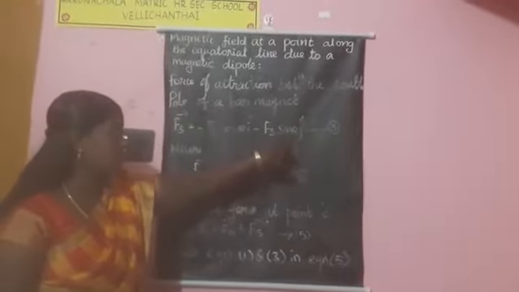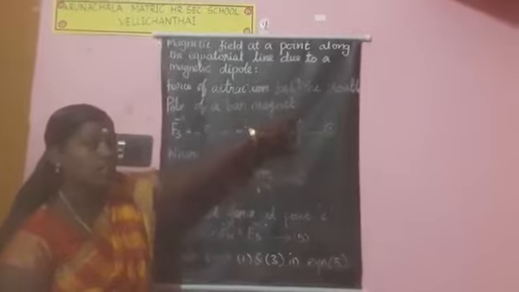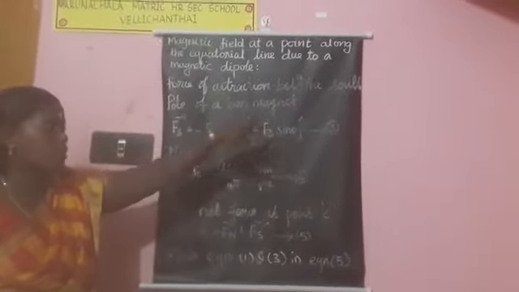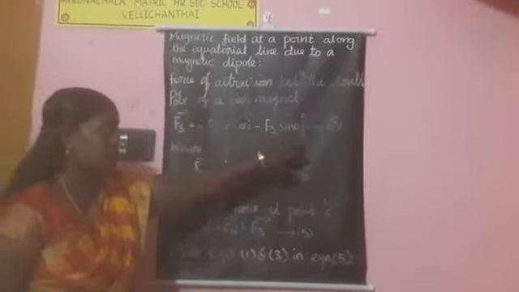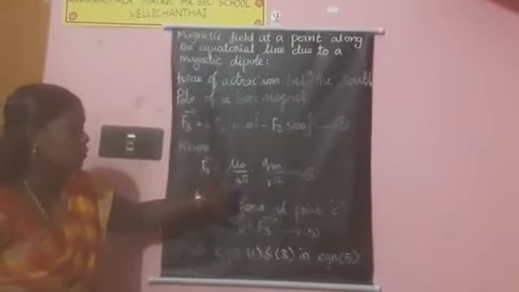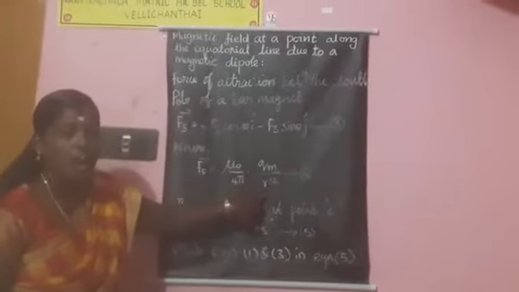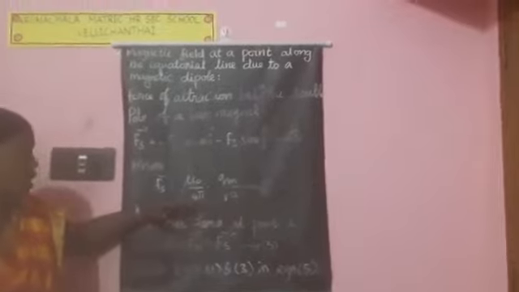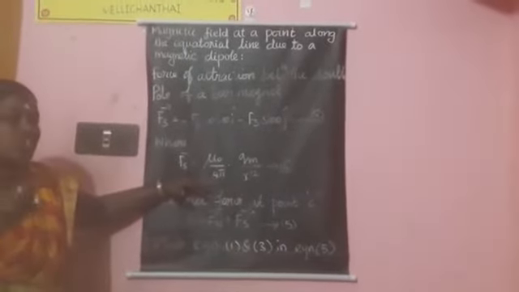From the small diagram we learn the upward and downward directions, positive j and negative j. That is equation number 3, where Fs vector equals mu naught by 4 pi into Qm divided by R1 square, equation number 4, according to Coulomb's inverse square law.